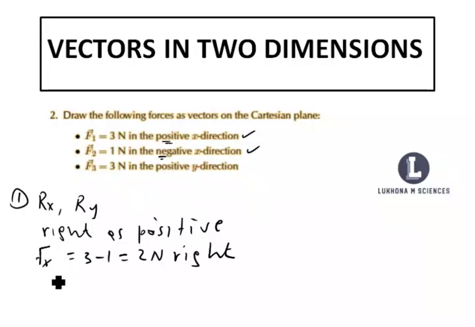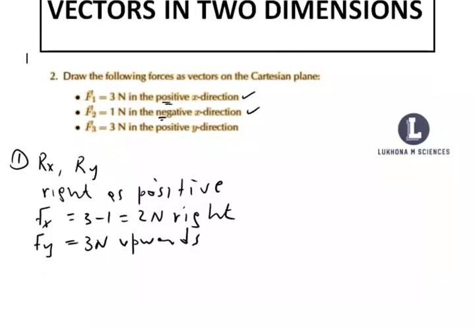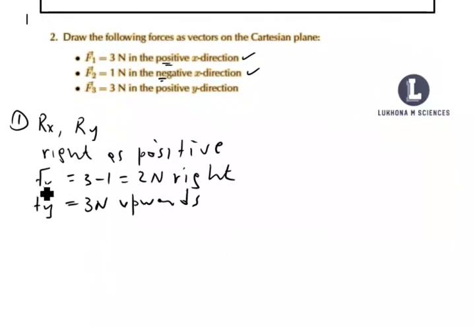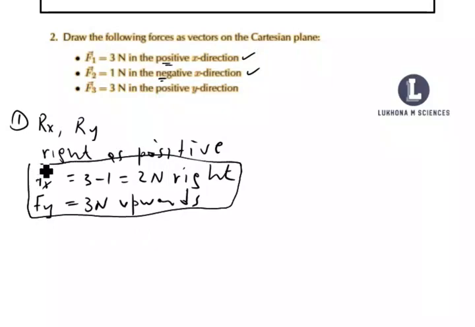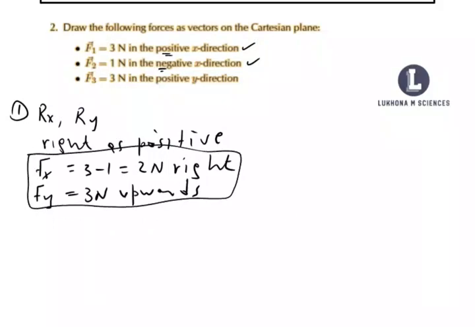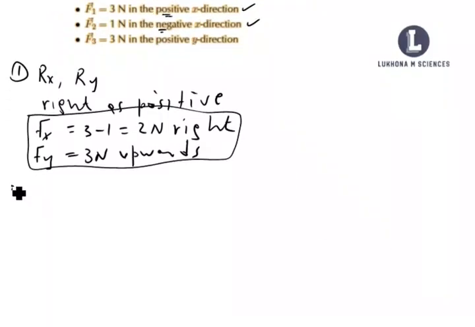Perfect. Then let's look at Fy. F3 is our only Fy and is positive, so it's 3 newtons upwards. Now step number 2, we are going to represent this information on a Cartesian plane. So we draw the Cartesian plane.